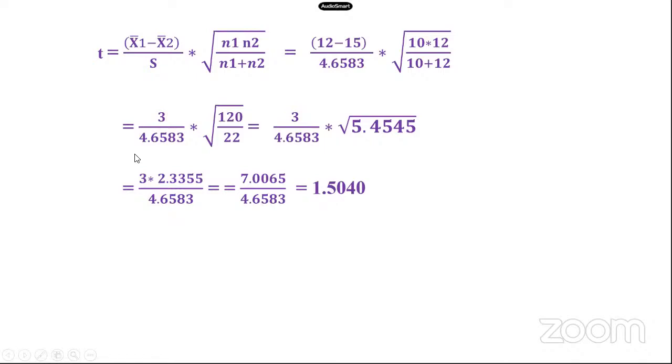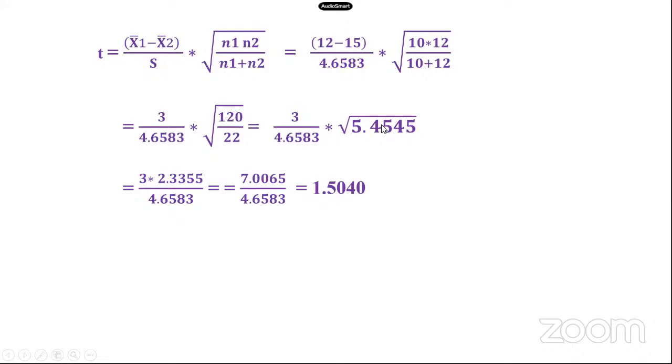The difference is 3, divided by 4.6583 into the multiplication 120 divided by the addition 22. Then 3 upon the division of 120 upon 22 will come 5.4545 under root.